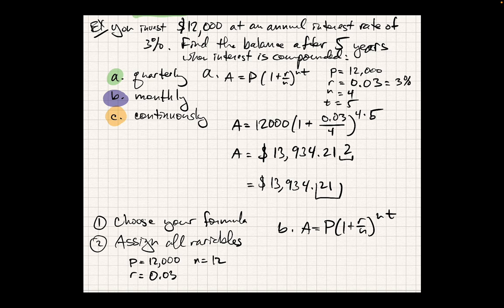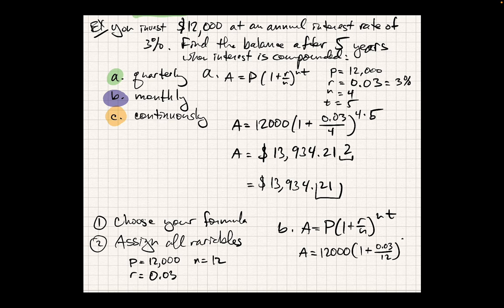So you want me to plug it in. Okay, so A equals 12,000 times 1 plus 0.03 over 12, to the power of n times t, so it's to the power of 12 times 5, 60.